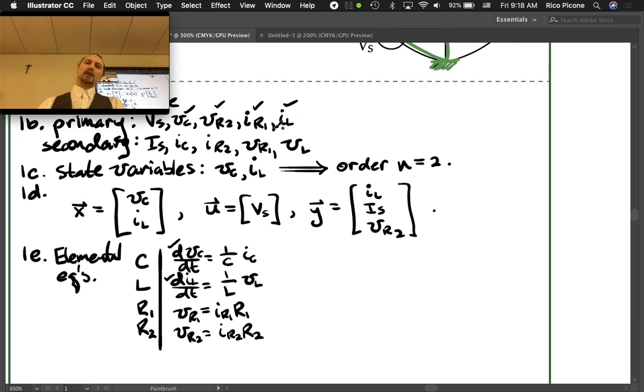So IR1 from this equation is equal to VR1 divided by R1, right? And VR2 is already a primary variable, so we don't have to change this one. You don't have to do this step.